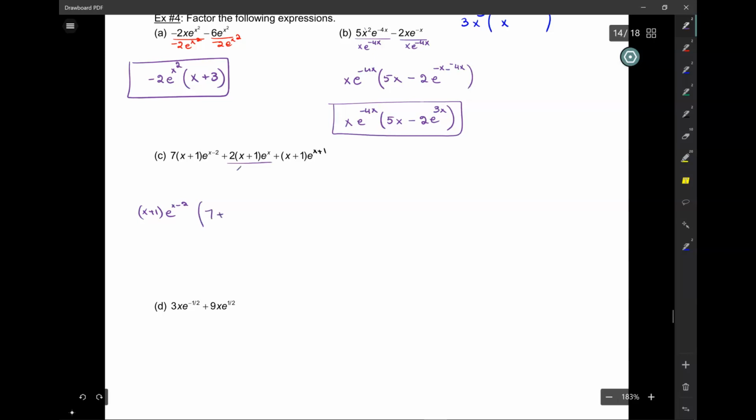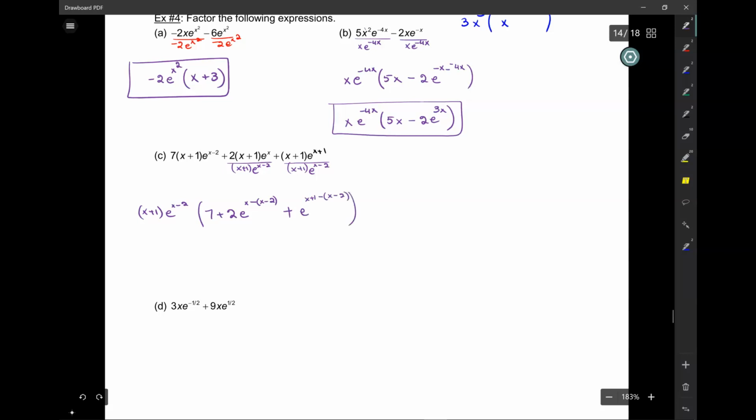Here, I factor out x plus 1, e to the x minus 2. So I have 2 e to the x minus, x minus 2 like this, right? Top exponent minus bottom exponent. And then here, e to the x plus 1 minus x minus 2.